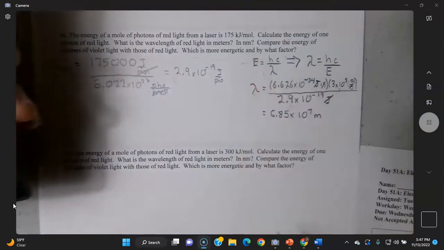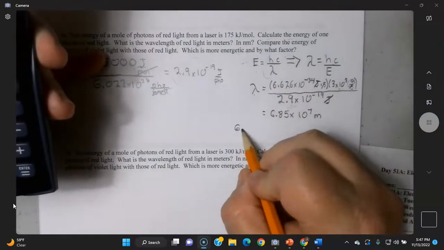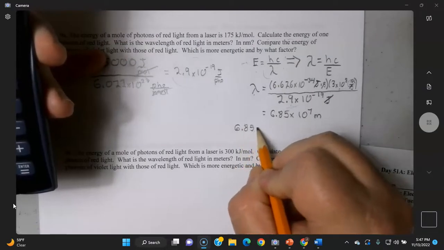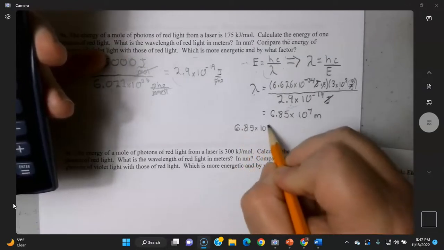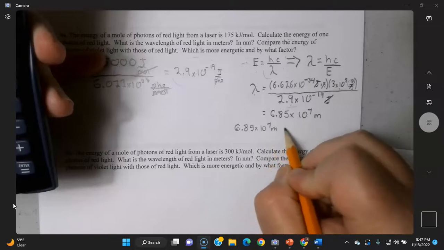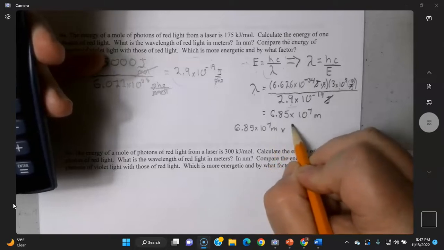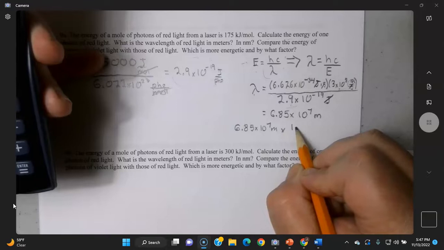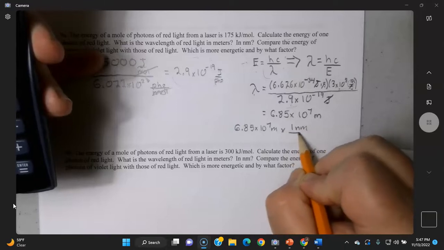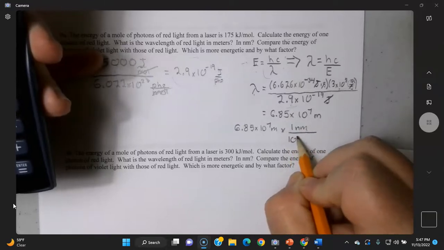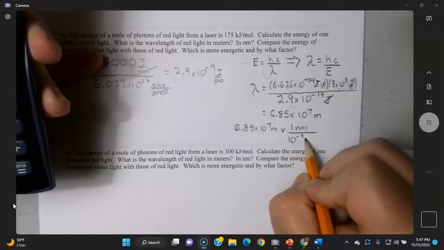So what is it in nanometers? So I'm going to take that number, and there is 1 nanometer for every 10 to the minus 9 meters.